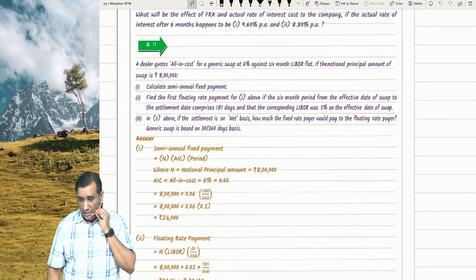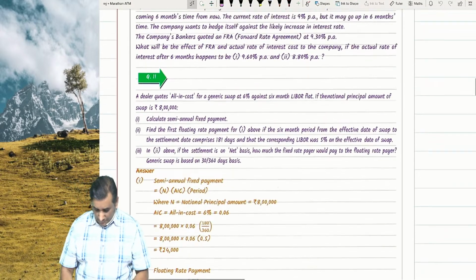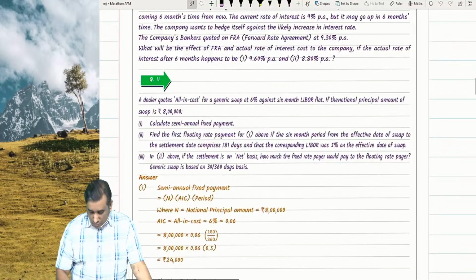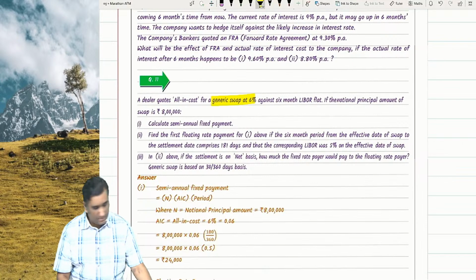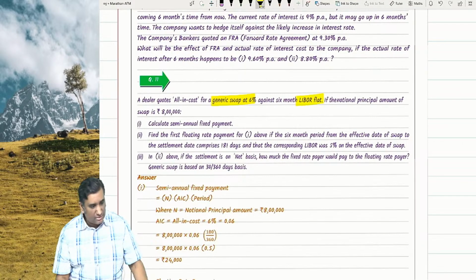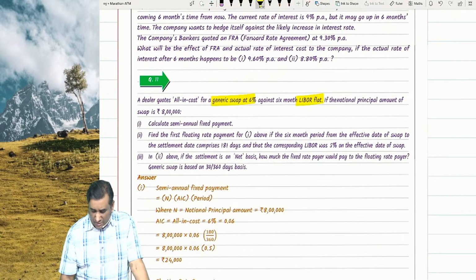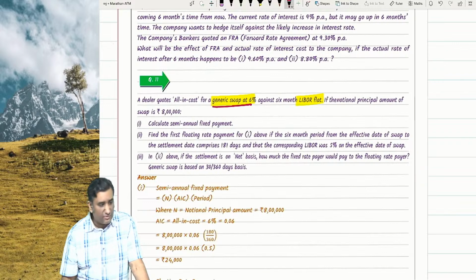It says a dealer quotes all-in cost of a generic swap at 6%, against 6 months LIBOR flat. Generic swap, generally we can call it a plain vanilla swap. He can ask you this name in the MCQ: what is a generic plain vanilla swap? That means no complications at all.